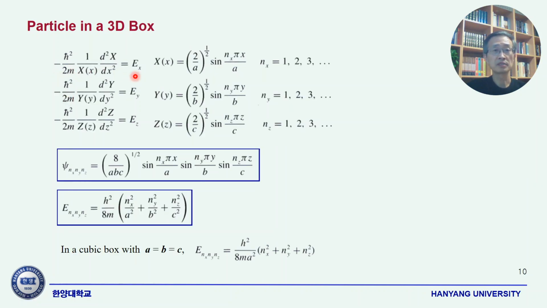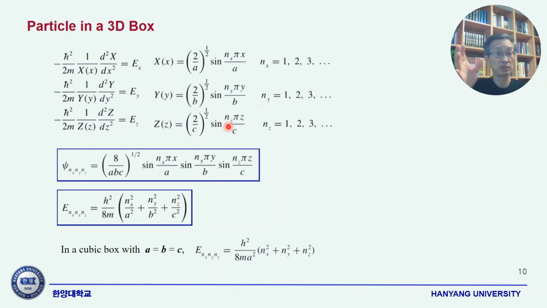This is the same form as one-dimensional, of course, for all three, and you obtain X equals the square root of 2 over a times sine of n_x pi x over a. Because n_x, n_y, and n_z are all independent, you have three indices. Now you have three coordinates and three indices, meaning you have three quantum numbers, n_x, n_y, and n_z, and all quantum numbers are natural numbers.